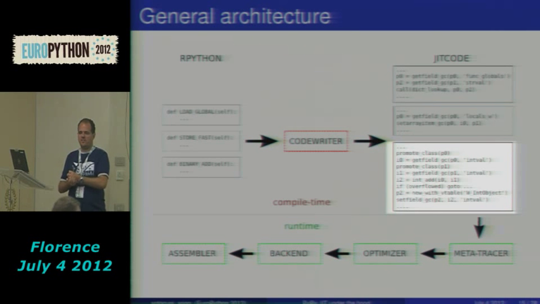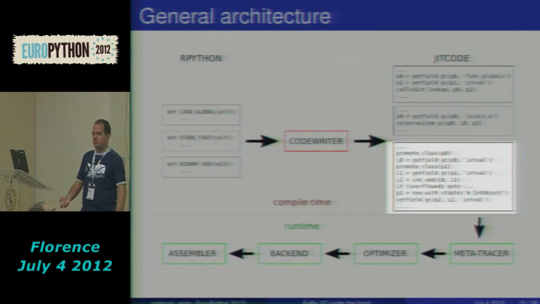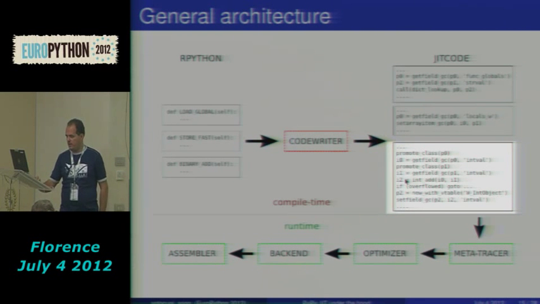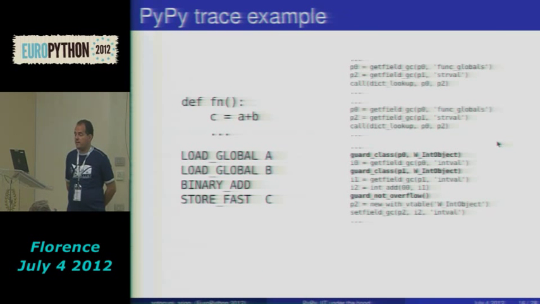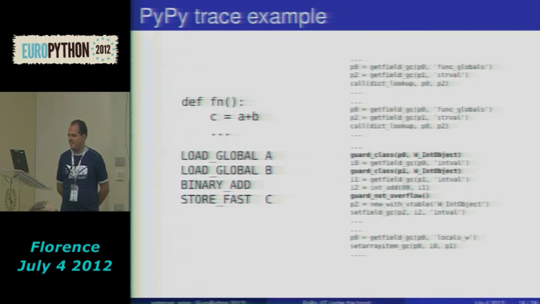We check that p0 is the right class, and then we do the addition and we check for overflow, because in Python you need to switch to a long in case the addition overflowed. But we don't want gotos in a trace, so all these conditions become guards. We'll talk more about guard class and guard not overflow later, but yes, they are guards. And then we record the implementation for the store fast bytecode.